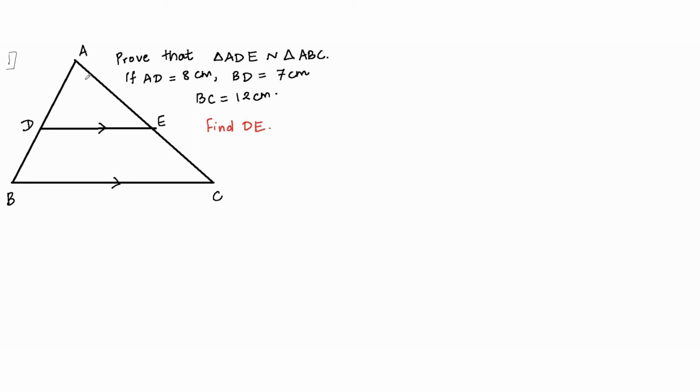So first of all, let us see how to prove ADE is similar to ABC. I know that DE is parallel to BC, so that's given. Let's write the proof here. The similarity proofs are written quite similar to the congruency proofs.